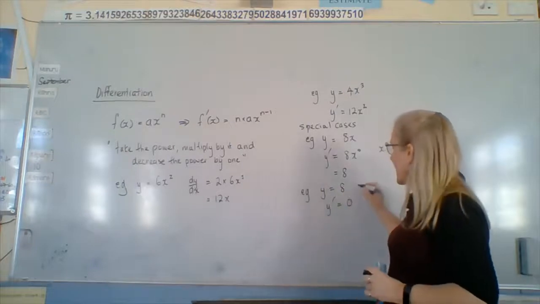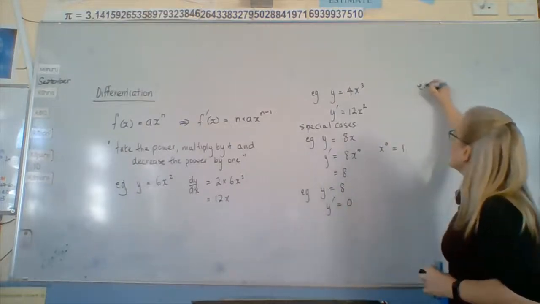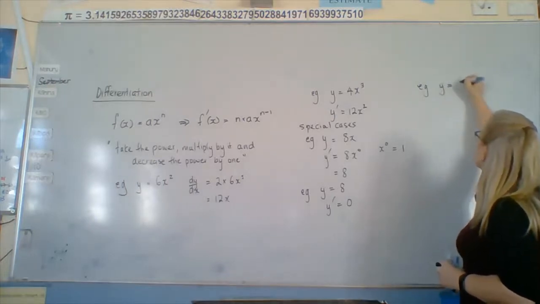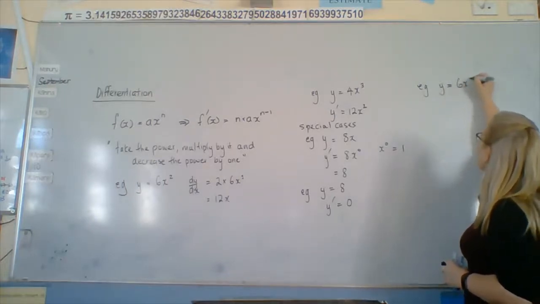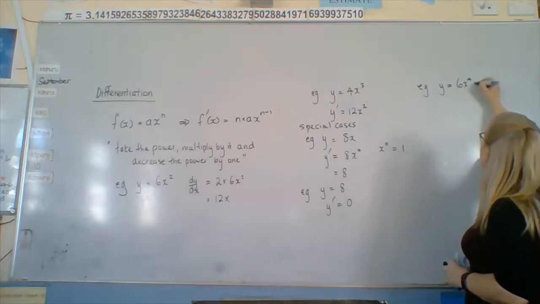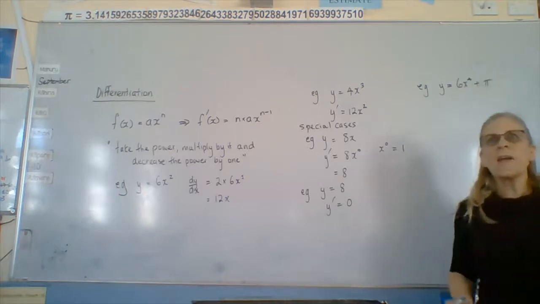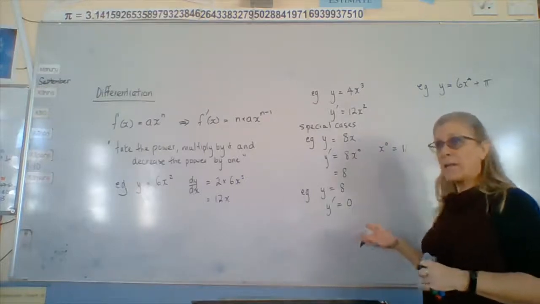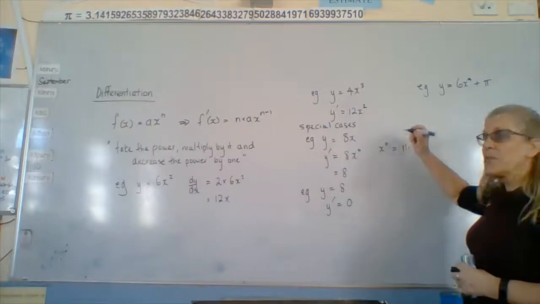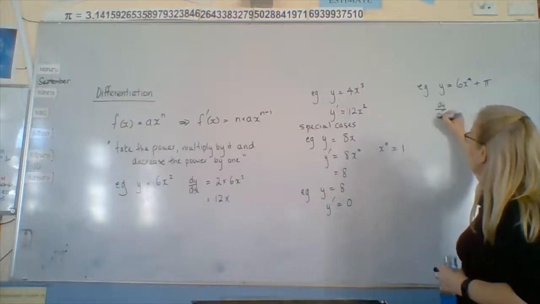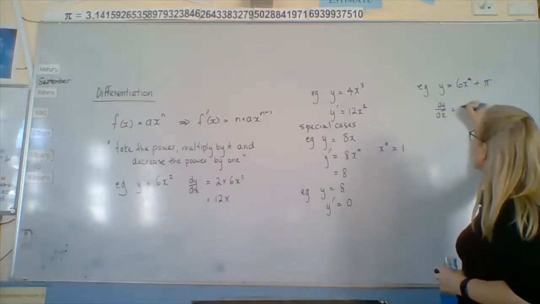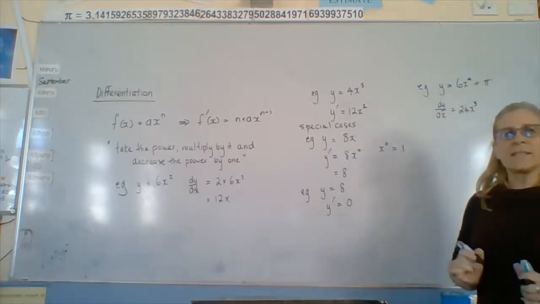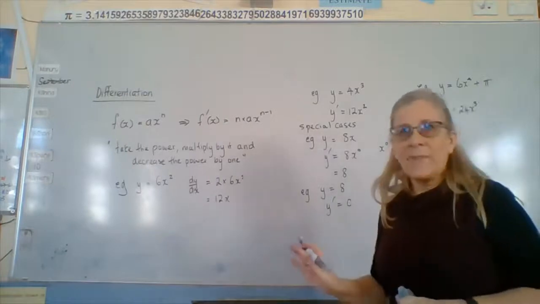So if we had here, you could have something like this. Why, I don't know, but let's say that was there, all right? We know pi is a number, but when we differentiate this, we take the power, we multiply by it, we get 24, we decrease the power by 1, that does not have an x in it, we're not interested in it, we leave it out.